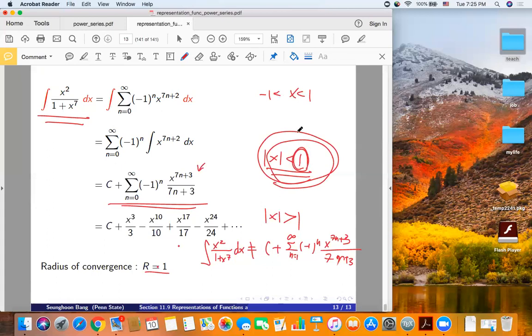If you want to find the interval of convergence, you have to check whether the series is convergent or divergent at x equals negative 1 and x equals 1. It's different in different cases. Sometimes negative 1 is included, sometimes 1 is included, sometimes the two endpoints are excluded, and sometimes both endpoints are included. This is the only difference between the interval and the radius of convergence. Does it make sense?